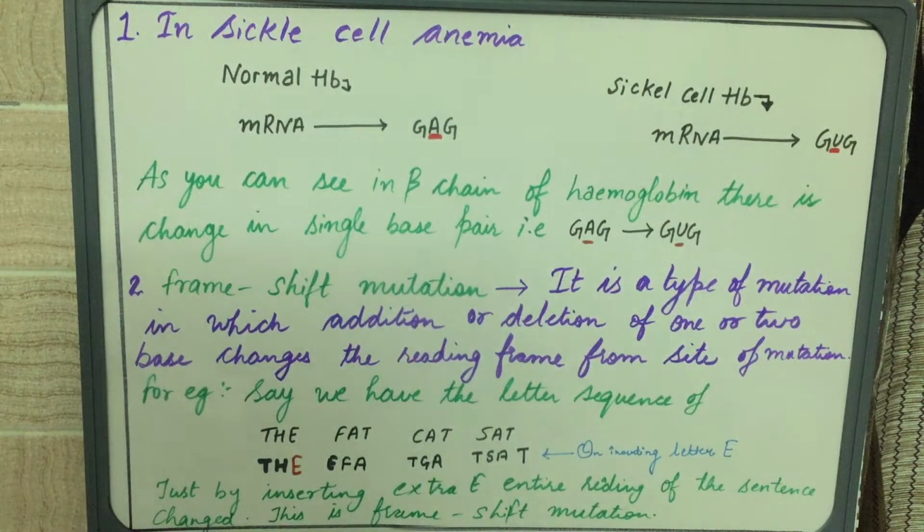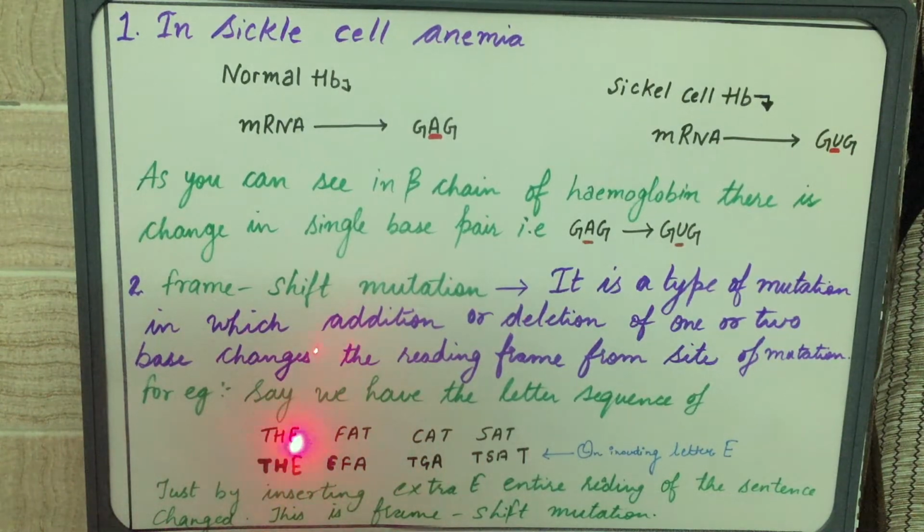Now let us study frameshift mutation. In frameshift mutation, there is addition or deletion of one or two bases that changes the reading frame from the site of mutation. Now, how do we understand this? Say we have a letter sequence, THE FAT CAT SAT. Now we insert a letter E at this point.